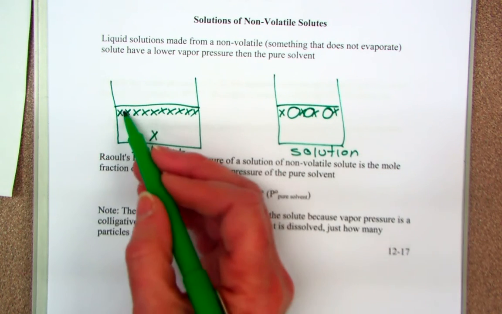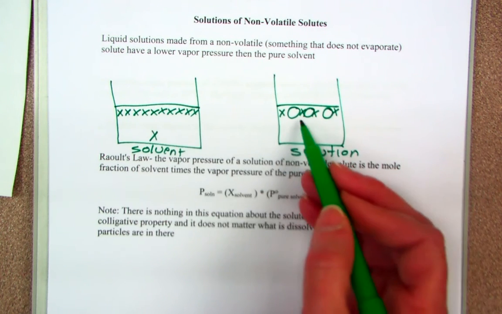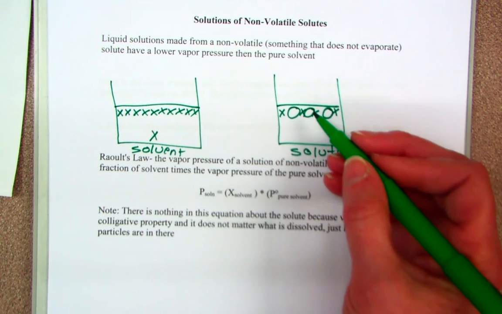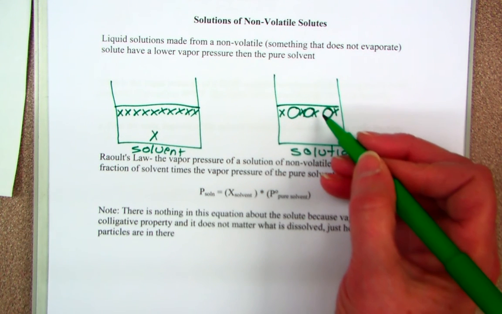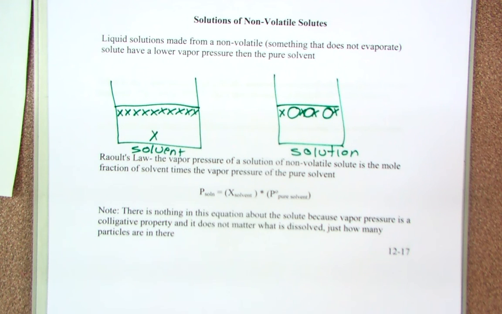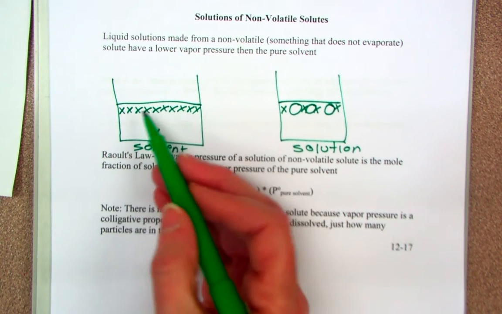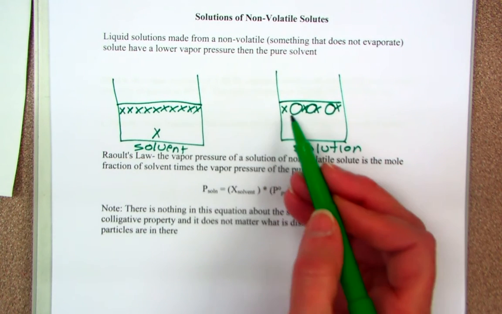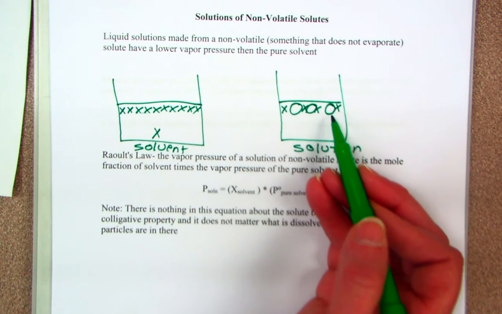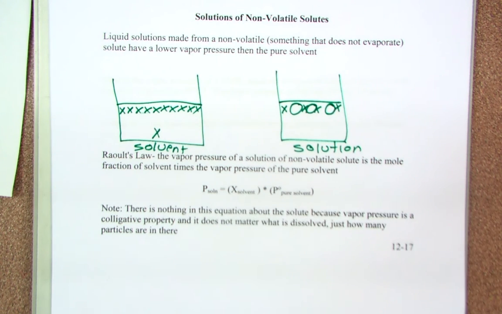Do I get the same rate of evaporation here as here? It decreases. And the reason it decreases is because I have fewer molecules at the surface, so fewer molecules are going to be able to evaporate. Let's say at this temperature, 20% of the molecules can evaporate at the surface. So 20% of these can evaporate. But now I've only got 4 molecules here, so 20% of those can evaporate, so the vapor pressure goes down. So that is a colligative property.